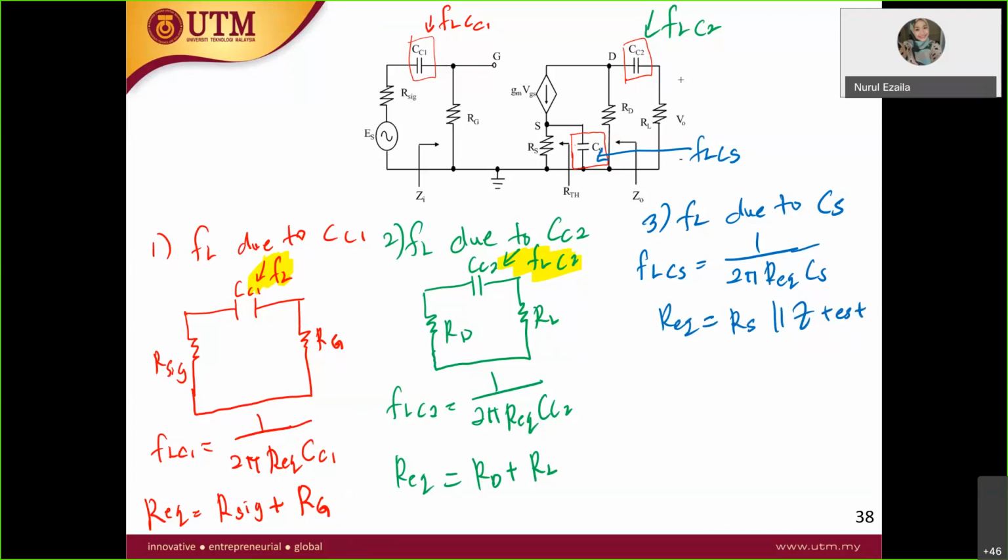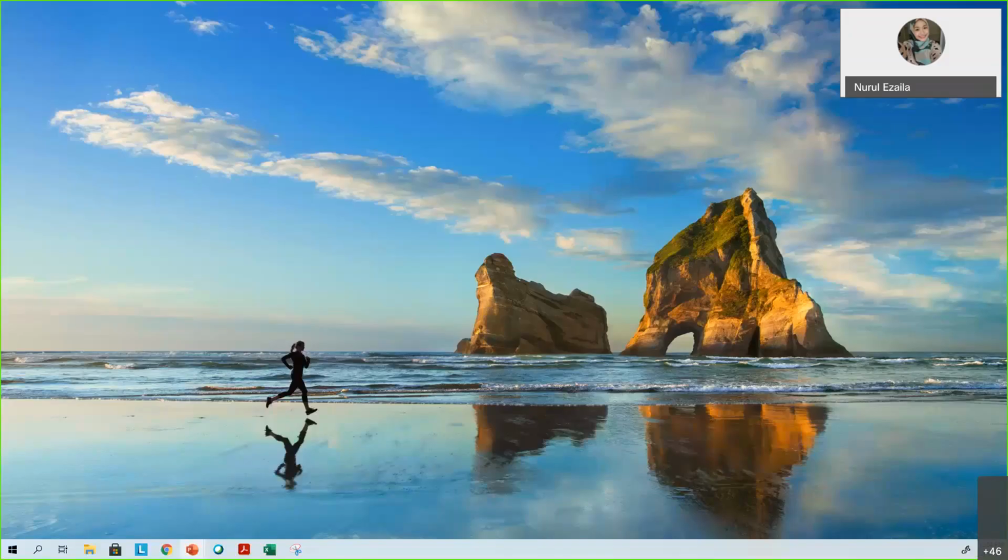How do you find the Z test? You take out the RS and then you inject V test, if you still remember. So how do you draw it? I think I need to show you how to derive it, but later you can just take the value.